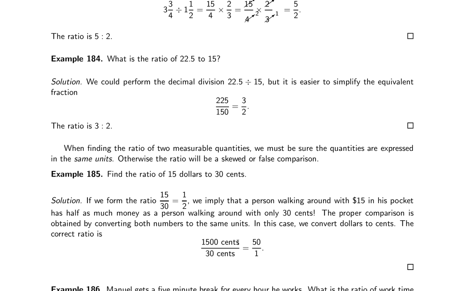All right, so the ratio we're looking for is 50 to 1. That's telling us that $15 is 50 times bigger than 30 cents.